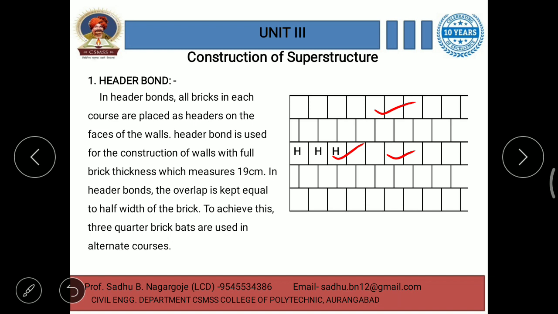To achieve this, 3/4 brick bats are used in alternate courses to maintain this header bond construction.